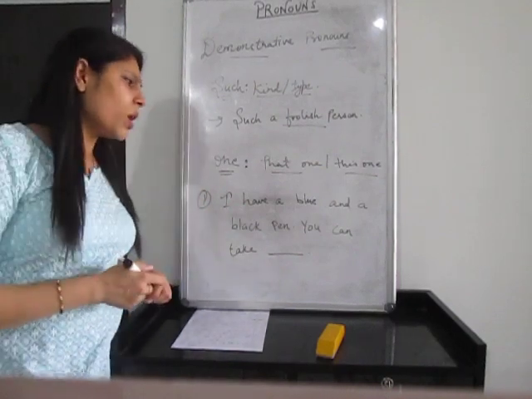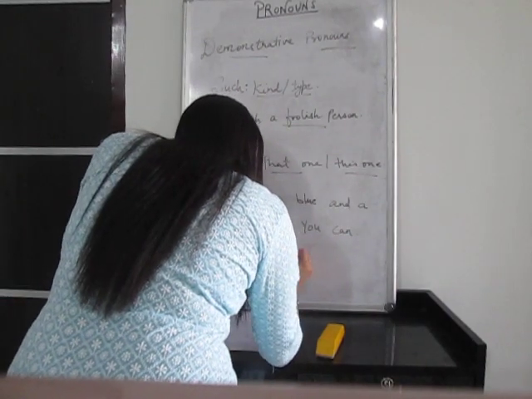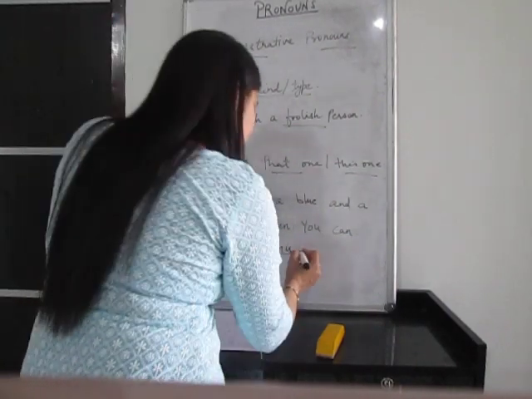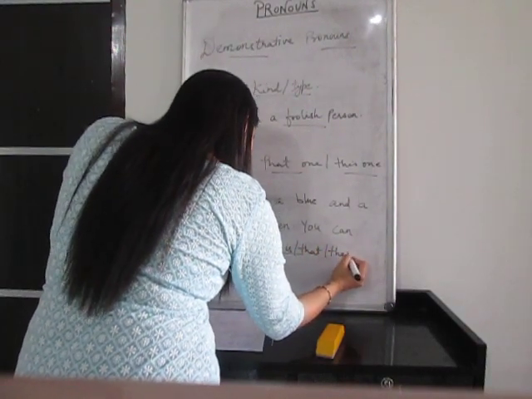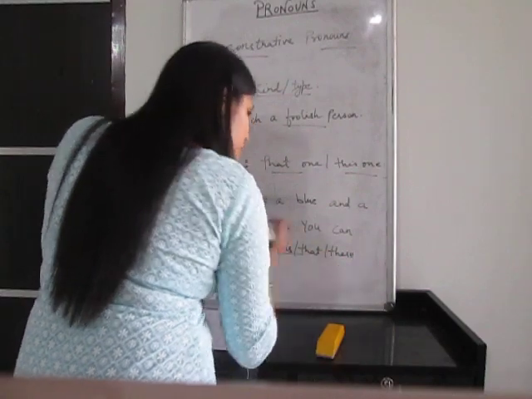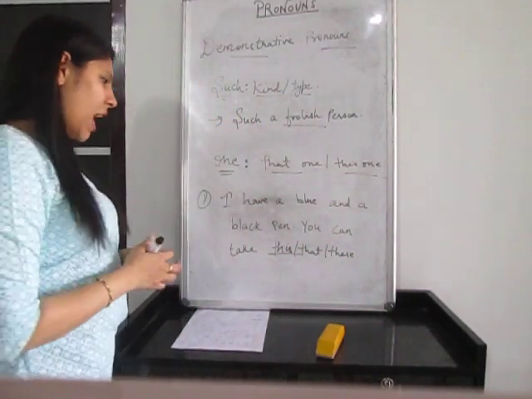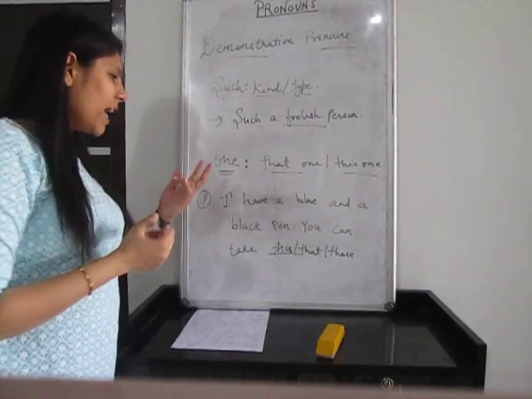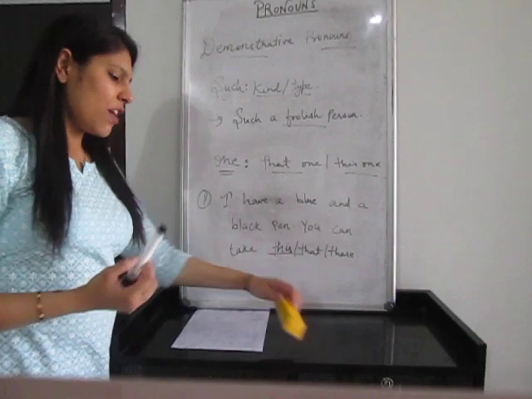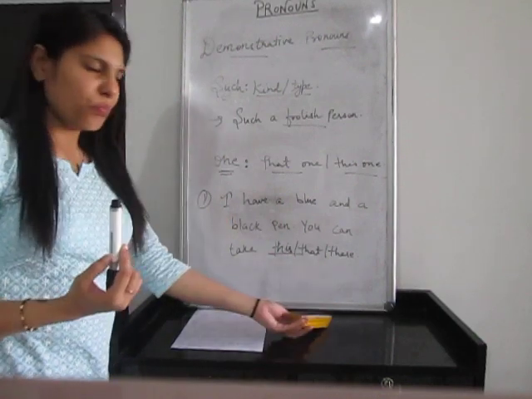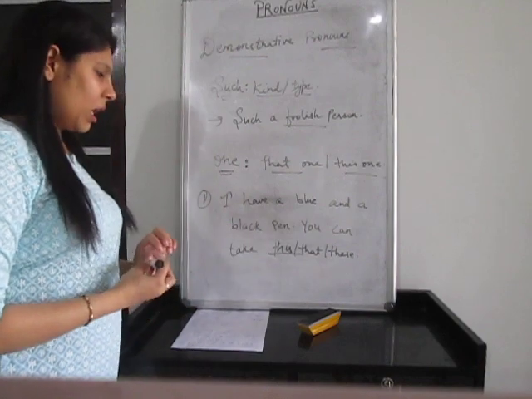All of you must be wondering, you can take this, but can't we use that here, or these here? How? Suppose I am offering you, I have two pens, blue and black. Suppose I have this duster and this black pen.